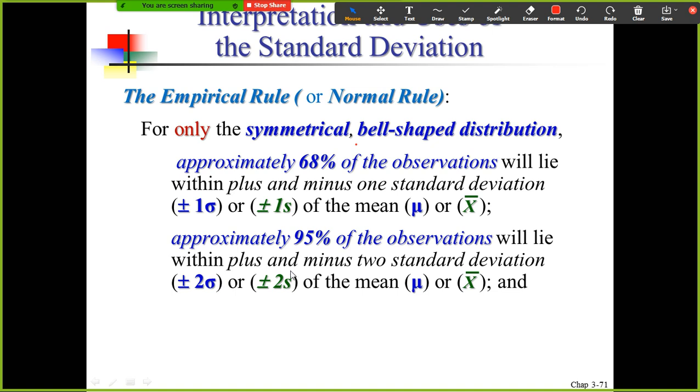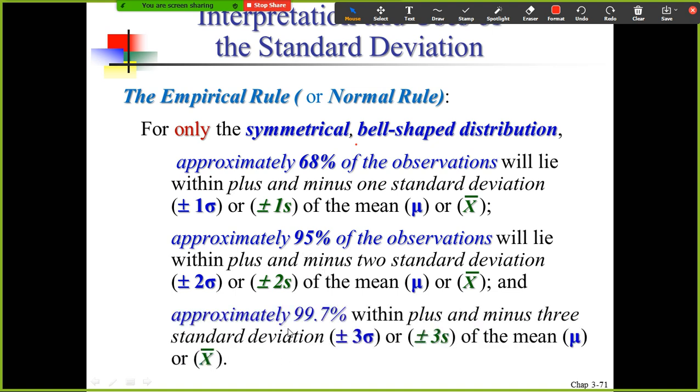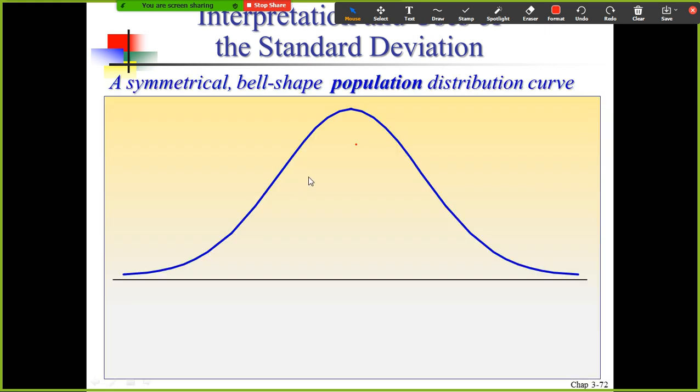Two standard deviations plus and two standard deviations minus from the mean, 95%. Three standard deviations plus and three standard deviations minus from the mean is 99.7%. Okay, so this is a symmetrical population data set.